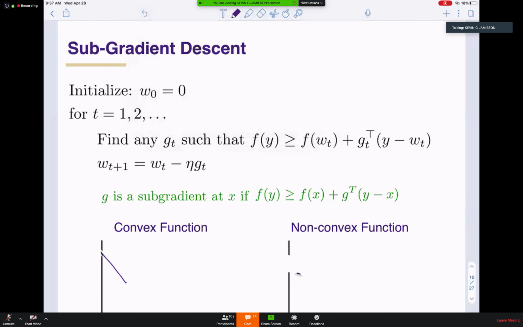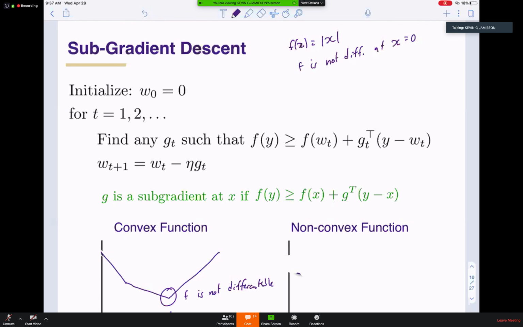If I had some function with a point where f is not differentiable, for example f of x equal to the absolute value of x, f is not differentiable at x equals 0. The gradient doesn't exist.